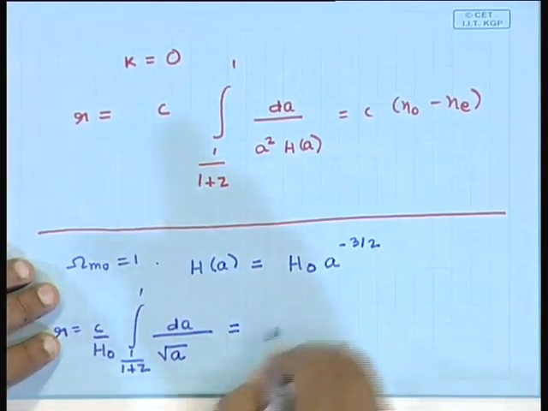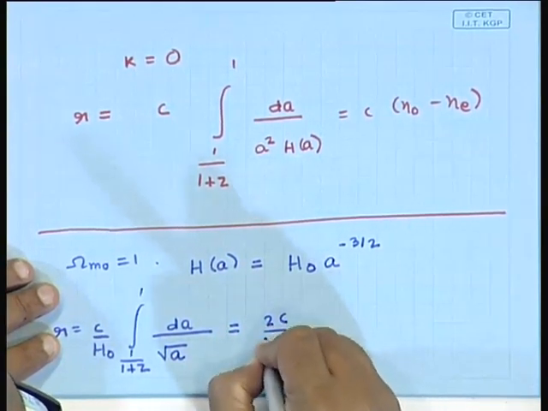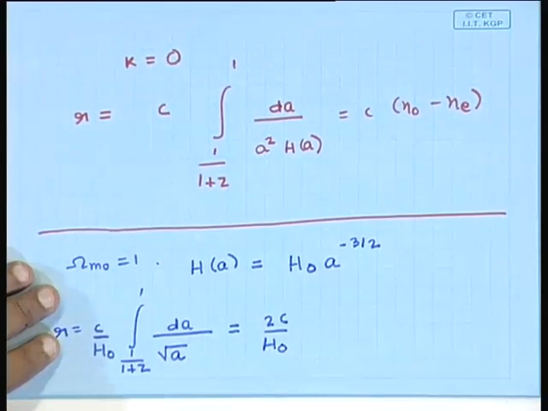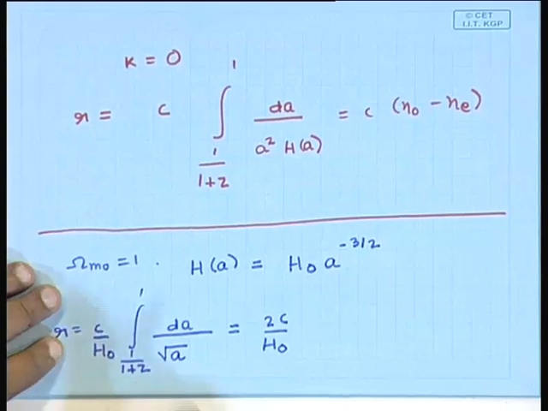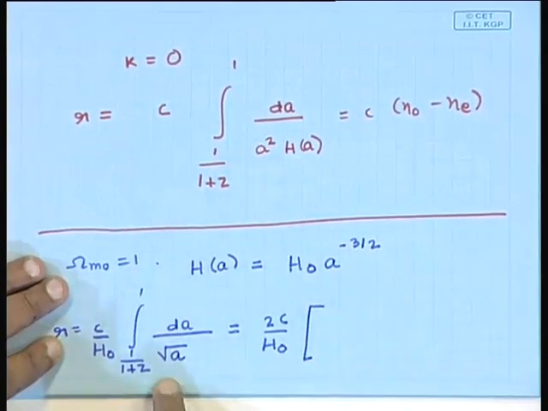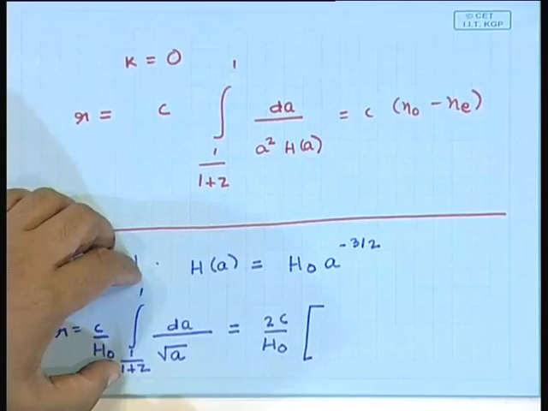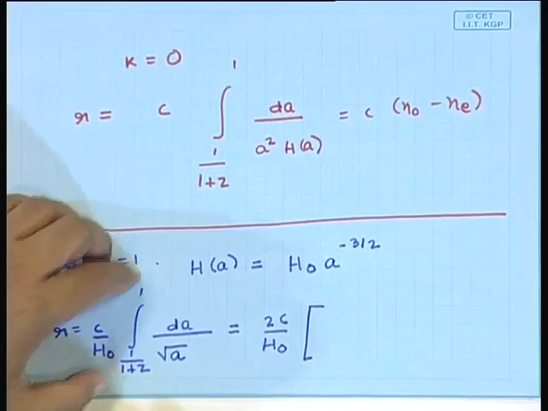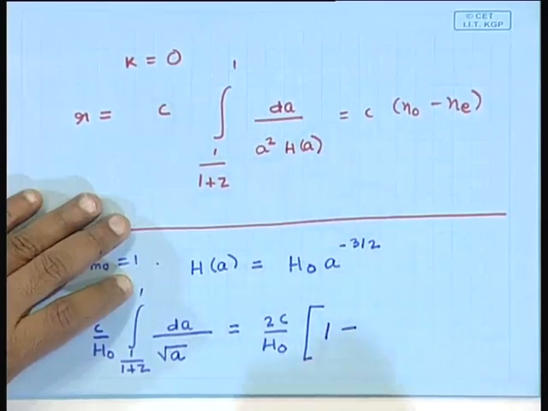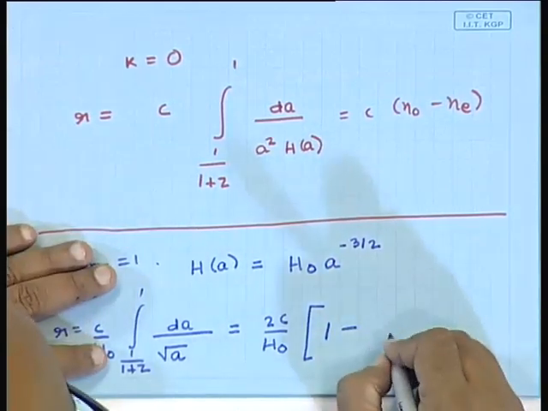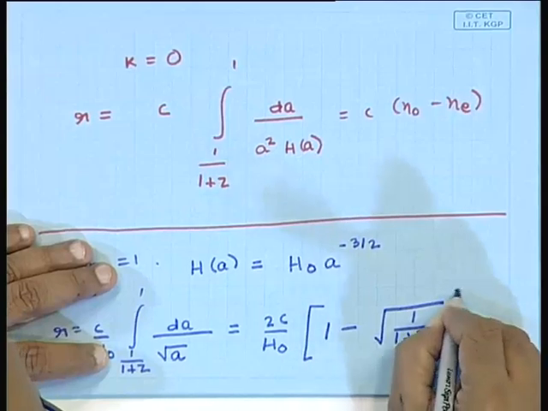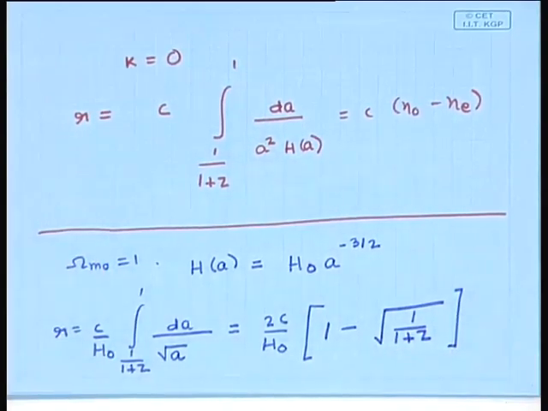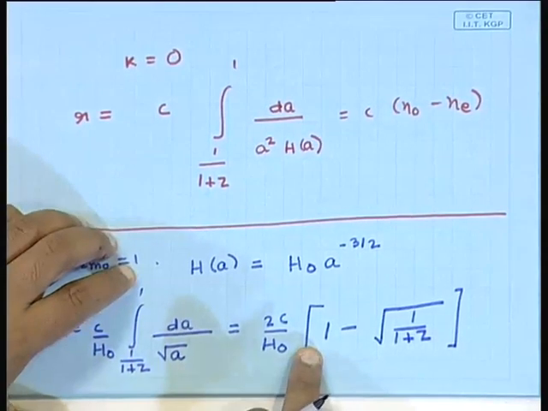If I do this integral, I will get 2c by H naught into the square root of A at these two limits. So, this will give me 1 minus the square root of 1 by 1 plus z. Okay. I have just done this integral, nothing more, and put in the limiting values. The upper limit gives me this, the lower limit gives me this.